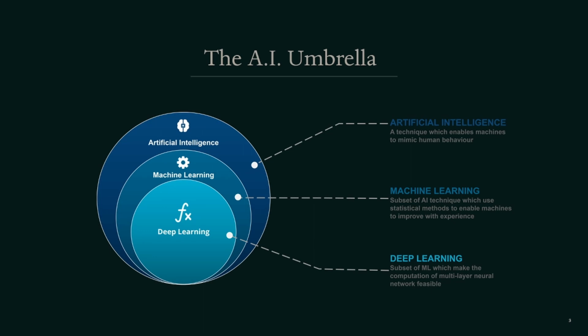That is a very broad topic, so we can delve further into a specific subset of AI, which is machine learning. Machine learning is the same thing as AI, where it enables machines to mimic human behavior, but it has the added benefit of the program being able to learn as time goes on.